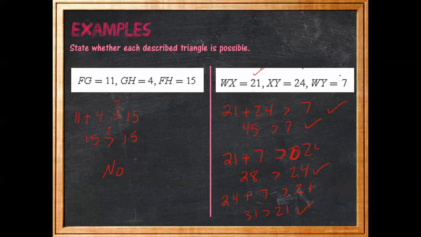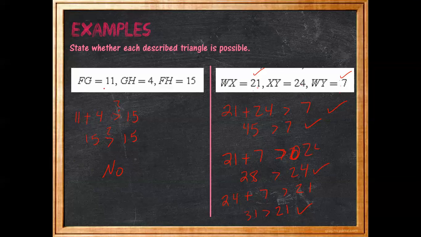In that case, that would be 21 and 7, this bottom one right here. 21 and 7 has to be greater than 24. So 21 plus 7 is 28, which is greater than 24. That's the only one you have to check. If that one's true, then you know the other two are true because they have bigger numbers, so there's going to be a smaller number left on the other side.